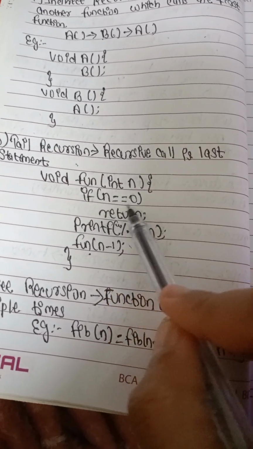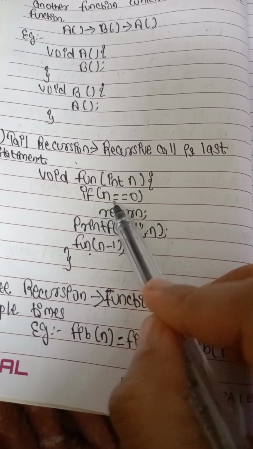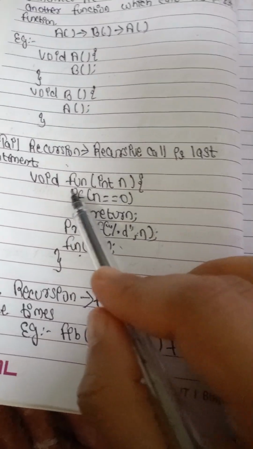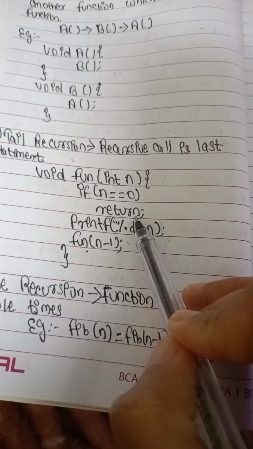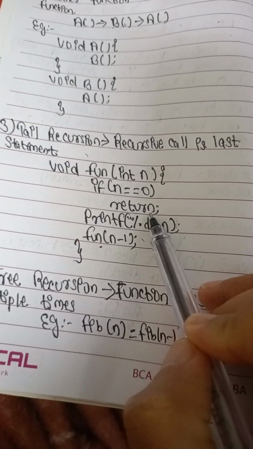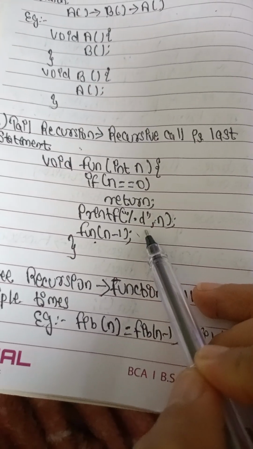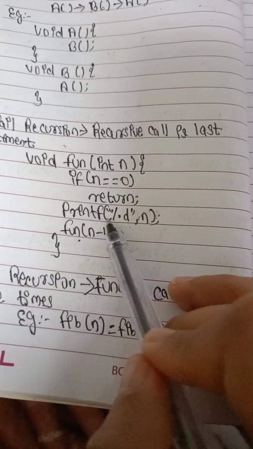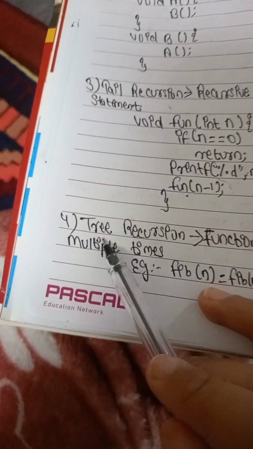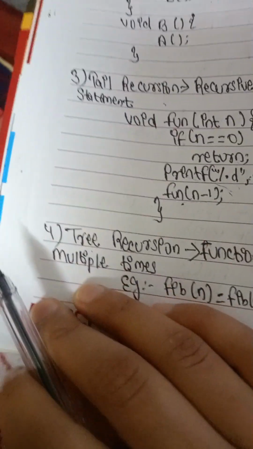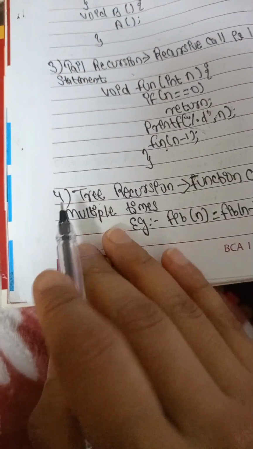And this is our base condition, right? If we don't use this, then our program runs forever. That's why we use the base case. And then return means it will end our program. Then printf means it is going to print end. And then fun means this is our recursive call. That's it. Now, fourth, we have tree recursion.